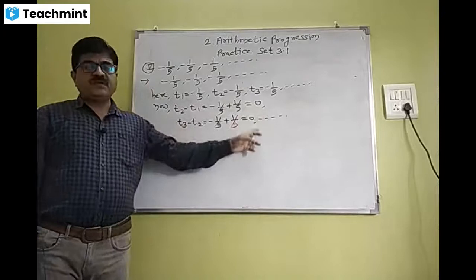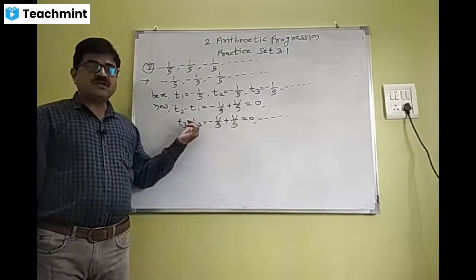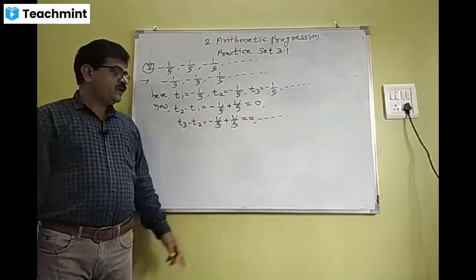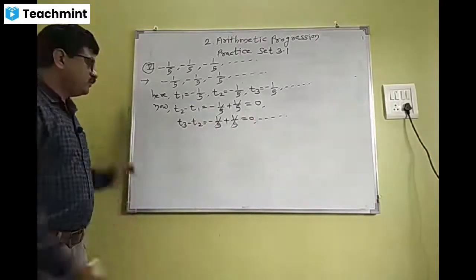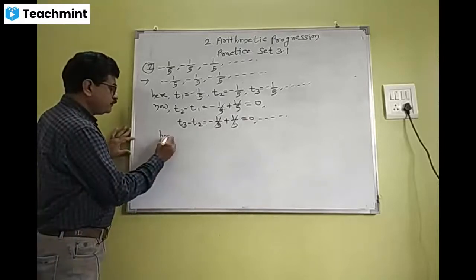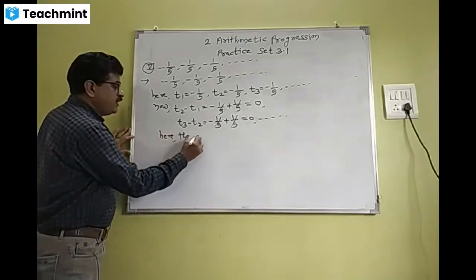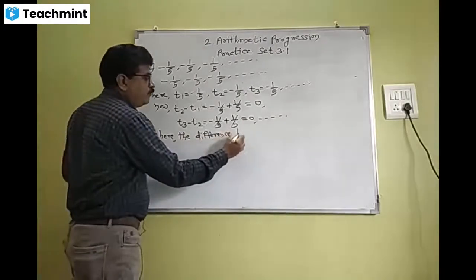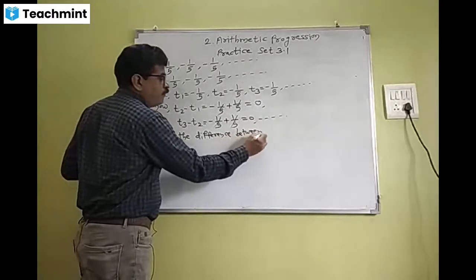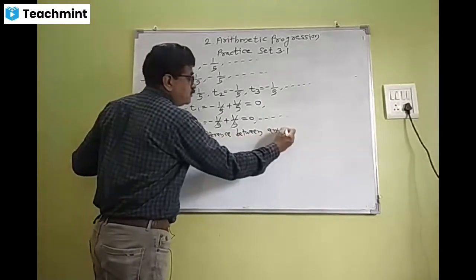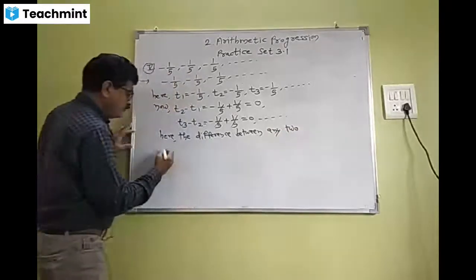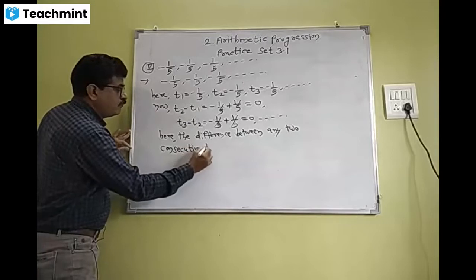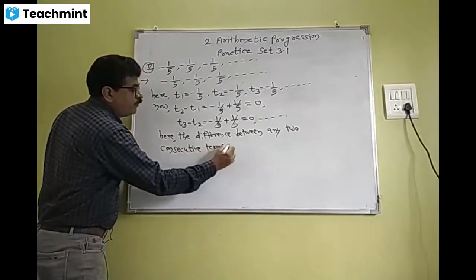Here, difference between any two consecutive terms is constant. Therefore, given sequence is an AP and its common difference is 0. Write down here: the difference between any two consecutive terms is constant.